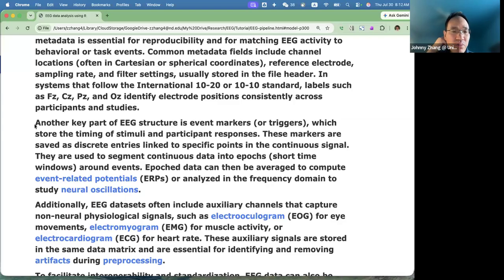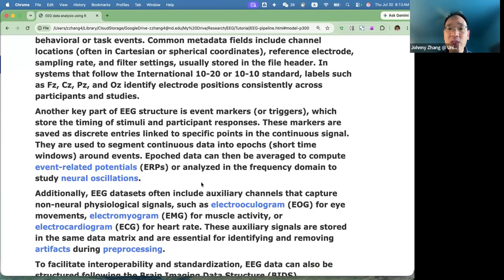One very important part of the EEG data is the event markers or the triggers. Those event markers or triggers store information on the timing of stimuli presented, and also the time the participant responds. For example, during the experiment, we may display a picture and ask the participant to do something.